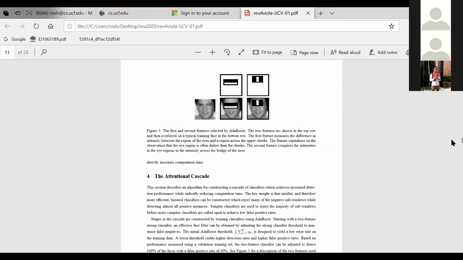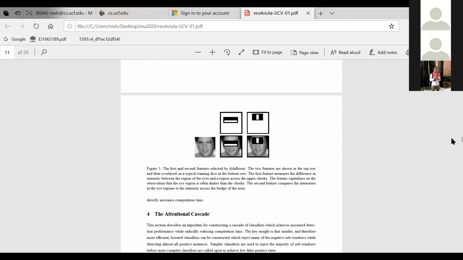Now, what they claim was that if they look at the first 2 experts picked by their work of running the experiments, they have the horizontal black and white bar, which they believe is related to the patterns of people's eye structure: the darkness above the eyes and the lightness below the eyes.